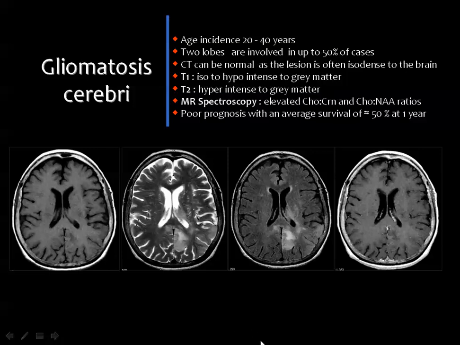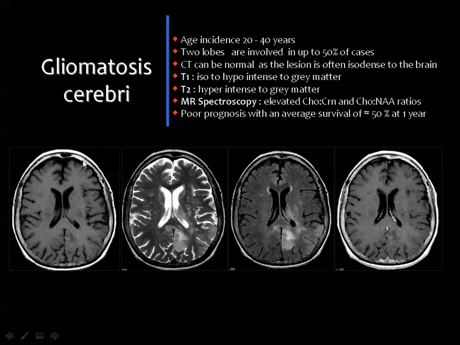Then the infiltrating glioma or the gliomatosis cerebri, and this is a tumor which is relatively rare, and by its name it infiltrates the brain parenchyma. This tumor, by definition, does not appear in the T1 weighted image and is not seen by the CT images.